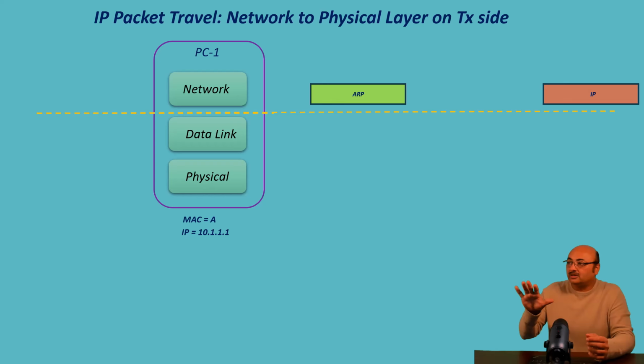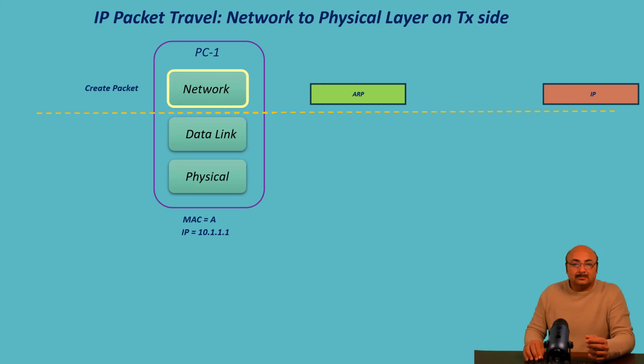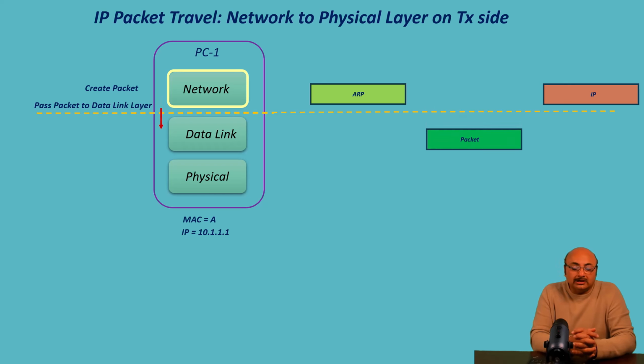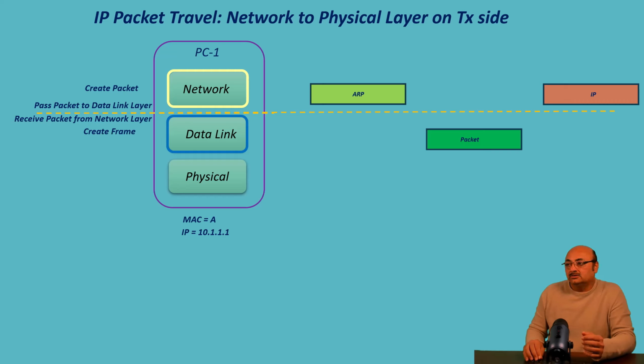On the network layer, we have both the protocols ARP and IP. At the network layer, first the packet is created and passed down to the data link layer. The data link layer receives it and then the frame is created. When we talk about creation of the frame, the IP packet received from layer 3 is put into the data field, and then we put a type field.